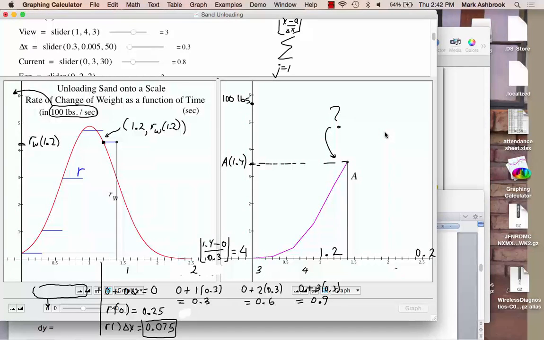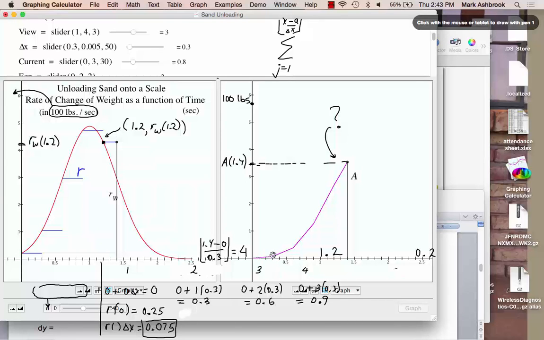On the graph, what is what I just put a box around on this accumulation graph? So what we found is the accumulation due to the first interval. Where does that show up in this graph? Okay, but where do we get that value? We came up with a value, 0.075. It's the y-axis of this point, right?